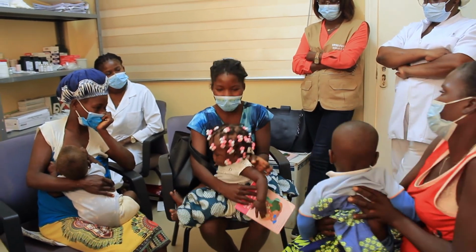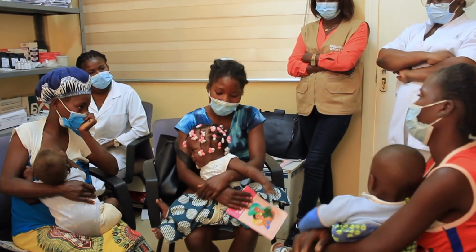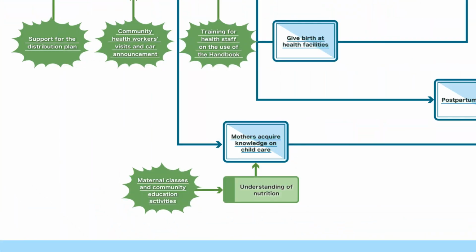We considered it crucial to provide the women with opportunities to share their experience with one another, instead of just expecting them to read the handbook on their own. JICA has therefore supported maternal classes for mothers and their family members, as well as community education activities, in order to help them better understand childcare-related issues, such as nutrition.